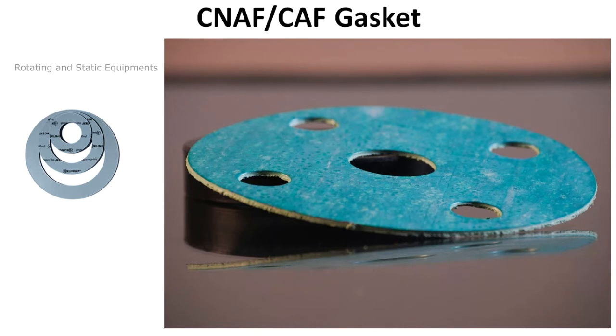CNAF gaskets come in a variety of basic materials comprised of carbon, graphite, fiberglass, aramid, Kevlar and other mineral fibers. These gaskets are used for lower pressure and lower temperature applications.